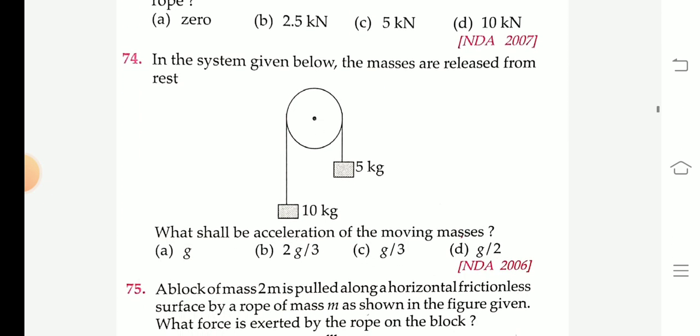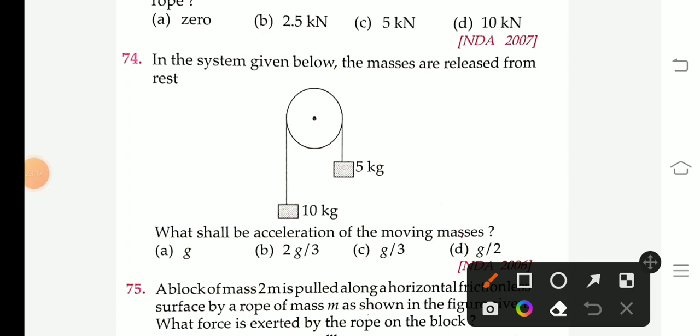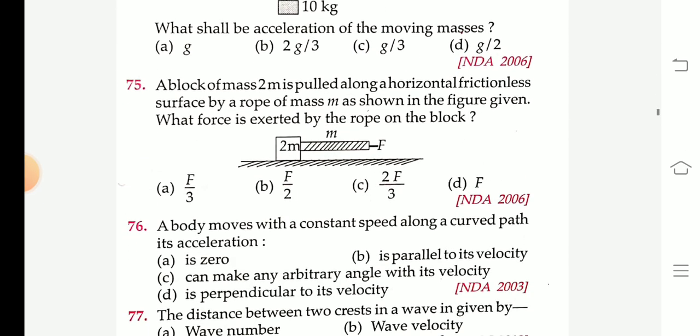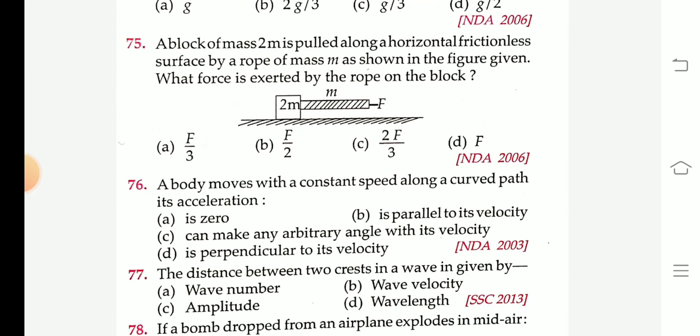In the system given below, the masses are released from rest. g by 3. A block of mass 2m is pulled along a horizontal frictionless surface by a rope of mass m, as shown in the figure given.